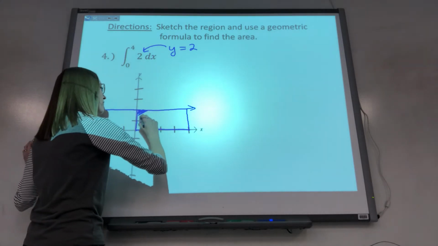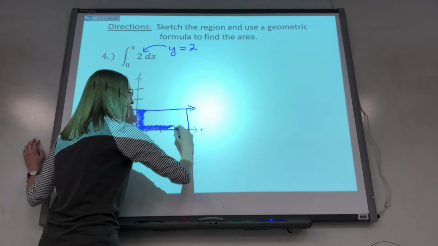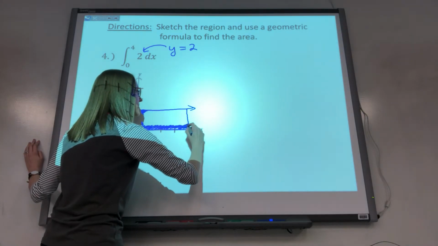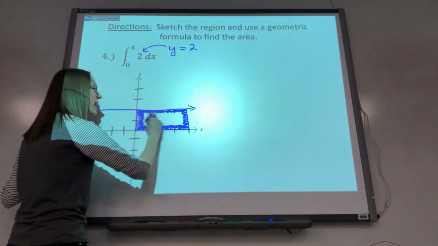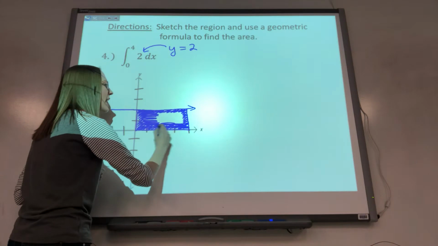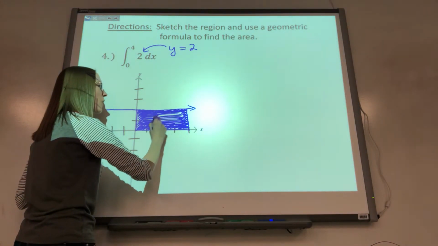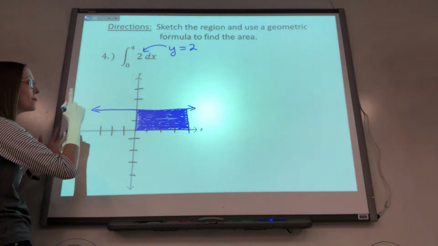So I'm just going to fill this in real quick. This is a rectangle here, and this is what we're trying to find the area of. You get your function graphed first, and then you only pay attention to the x's that are on the interval.